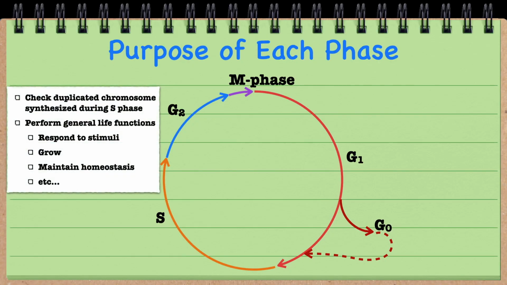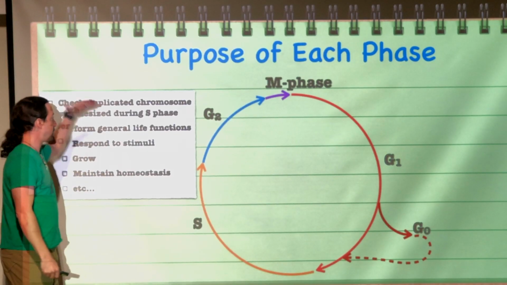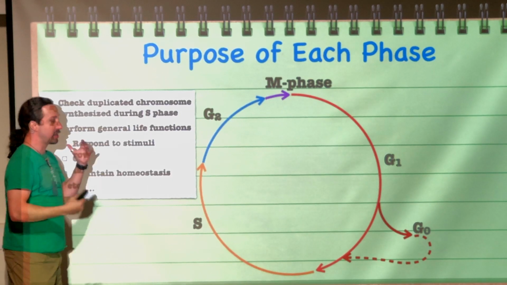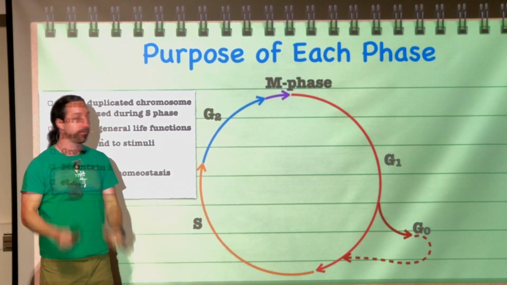And that takes us to gap 2, where the cell will actually check to make sure that those duplicated chromosomes are all duplicated correctly. And then it will also do the rest of the cell's normal functions.